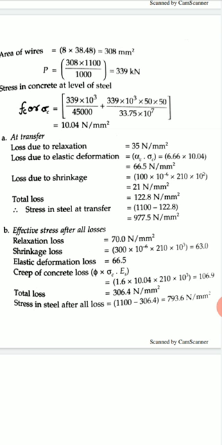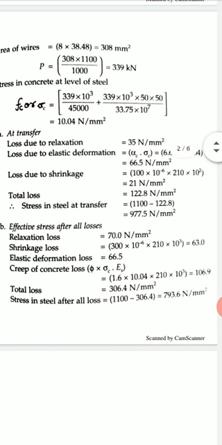Then at this stage creep comes into picture. So the important thing to be noted is creep losses don't occur at the beginning or say at the transfer stage. They come into picture at the later stage because, as we have studied in the theory, it's a time dependent phenomenon. As the concrete ages, creep comes into picture.